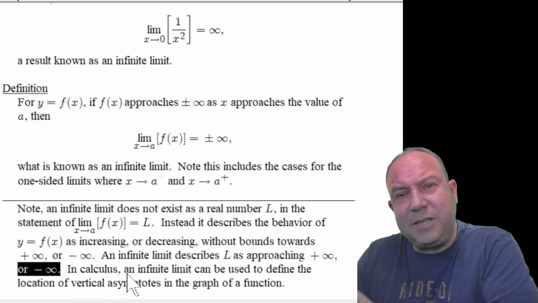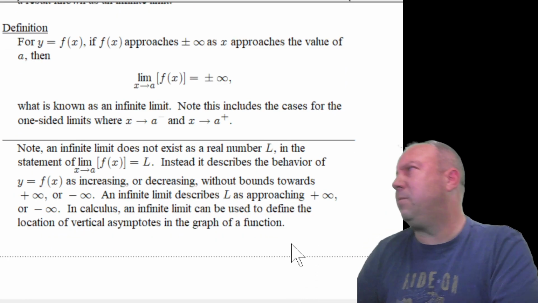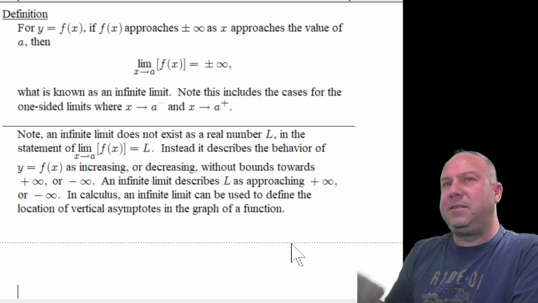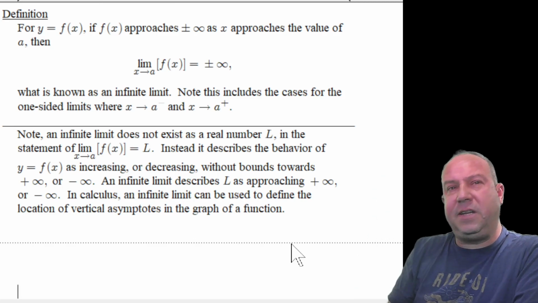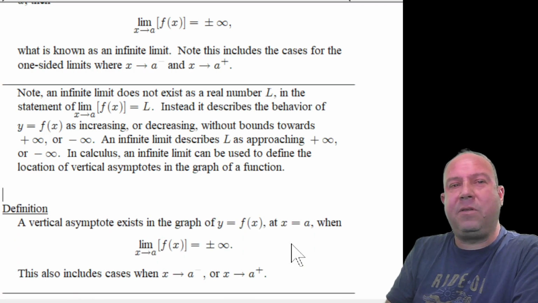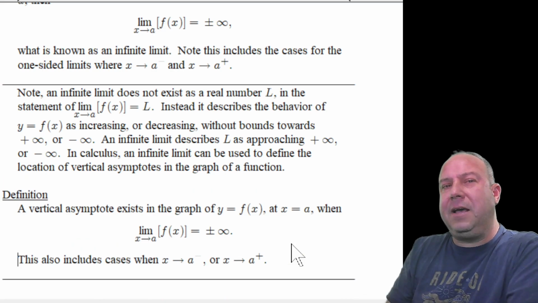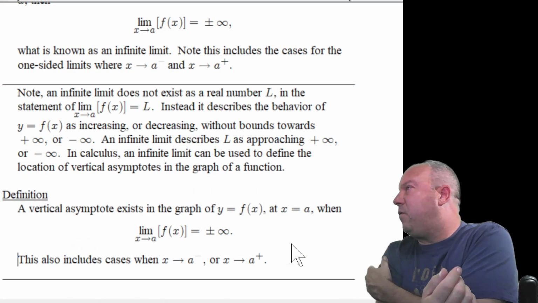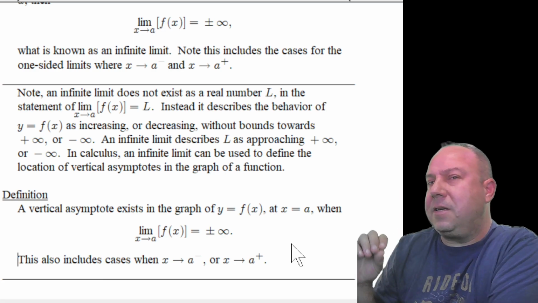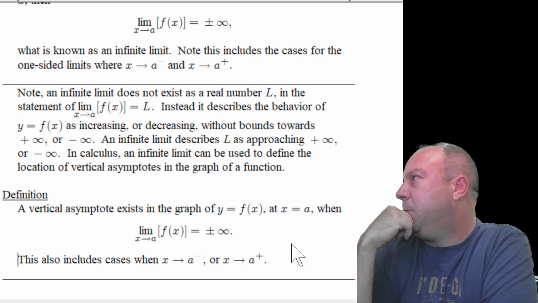And actually in calculus, it can be used to further define what is a vertical asymptote. From algebra, we said it's where the output heads up or down towards plus or minus infinity. Well, that is it, but we can say that now with limits. We can say a vertical asymptote exists in the graph of y equals f of x at x equal to a when the limit as x approaches a for function f of x is the case for an infinite limit.